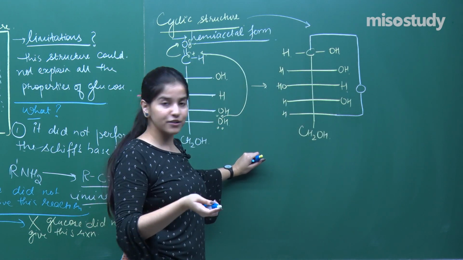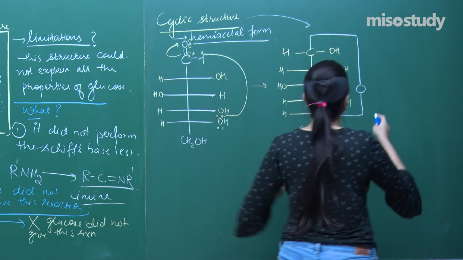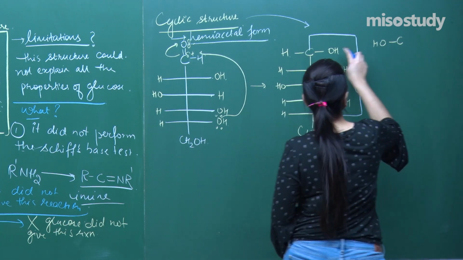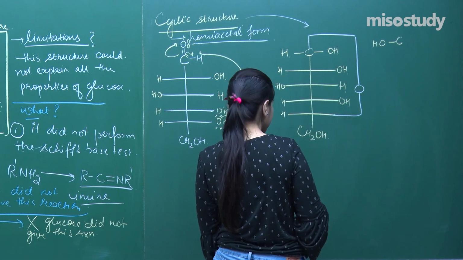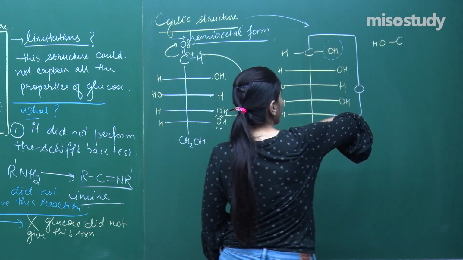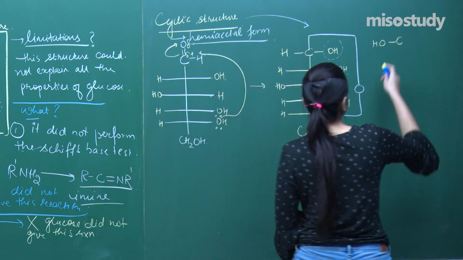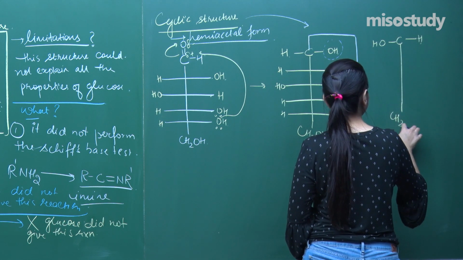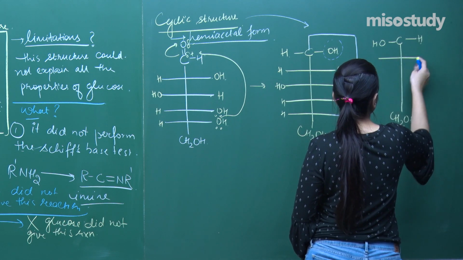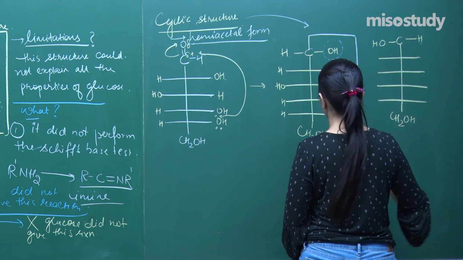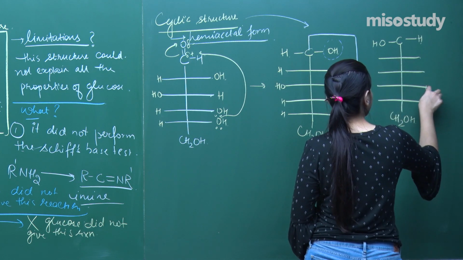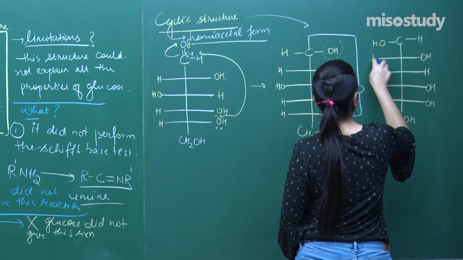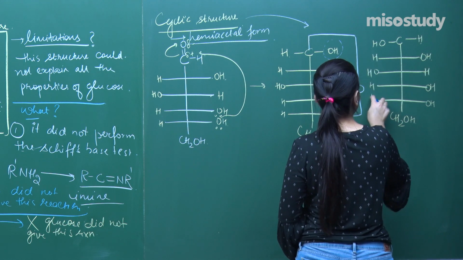and it could be another form as well. Let us draw that. So, the other form for it could be when this OH over here, which is newly introduced, right? This is the new OH. When this OH is towards the left hand side, fine.